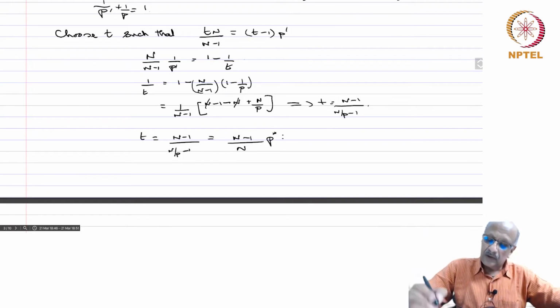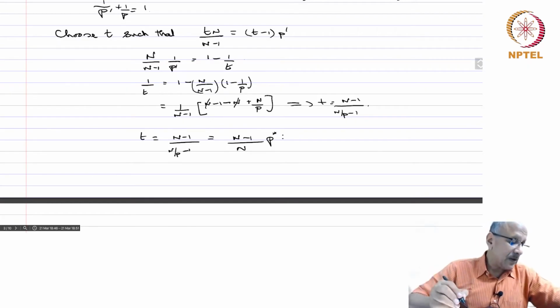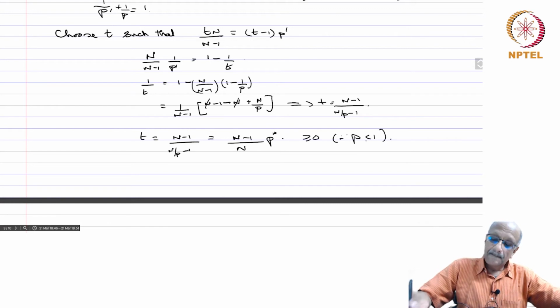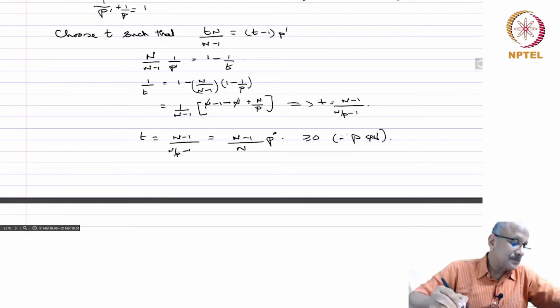So this comes in the numerator. Okay. And this is non-negative since p is less than n. We already saw that.